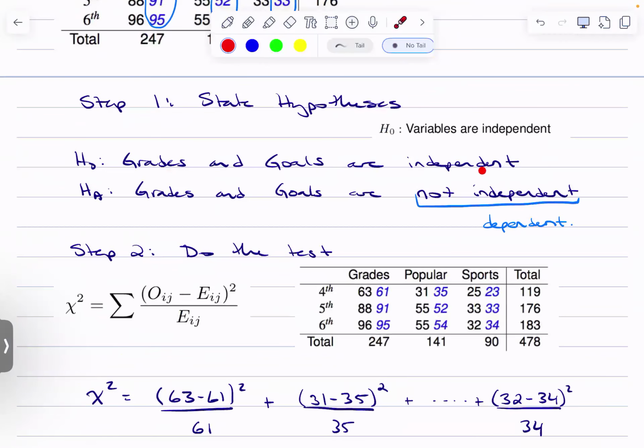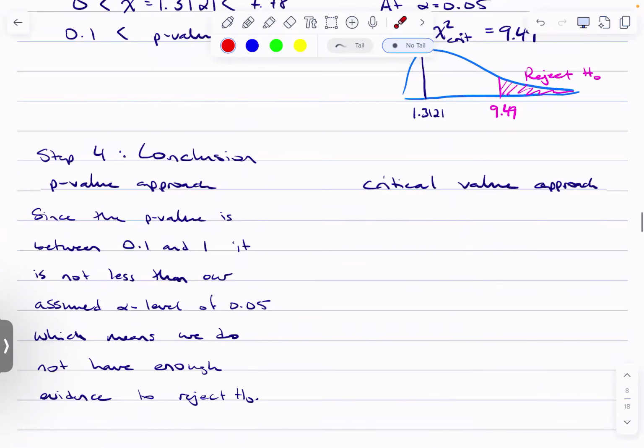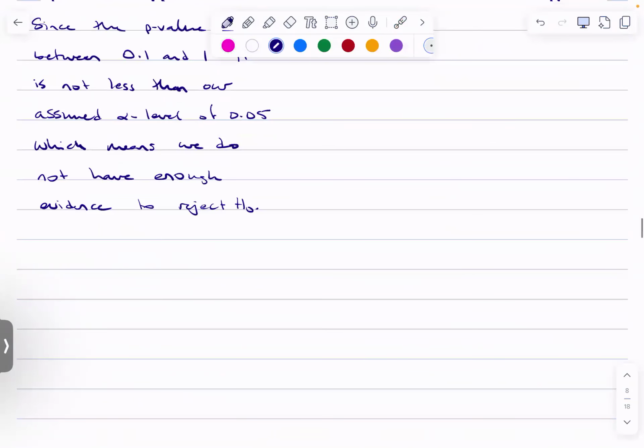Grades and goals are independent. Right? Therefore, we find that grades and goals are independent. Or you can do some fancier version of that, but therefore, we find grades and goals are independent.